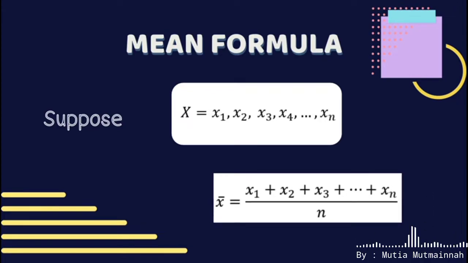Suppose x1, x2, x3, x4 until xn be the observations of a data set, then the mean of these values, x bar, is equal to x1 plus x2 plus x3 until xn divided by n, where n is the total number of observations of the given data.